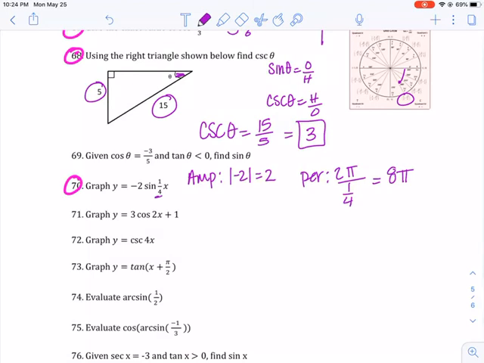Okay, so now we're just going to set it up. Okay, so if my period's 8 pi, you want to split it into fourths, which is nice and easy.